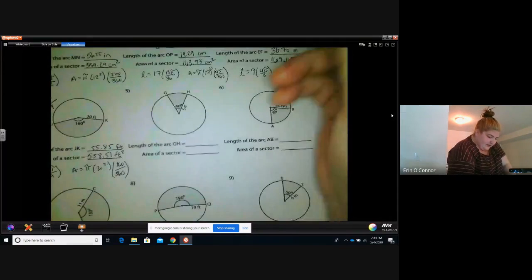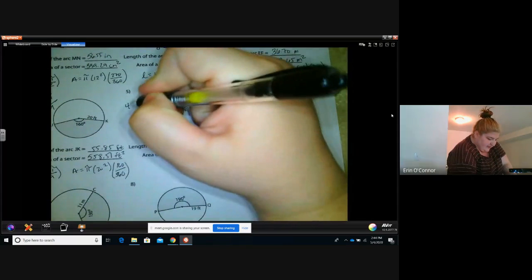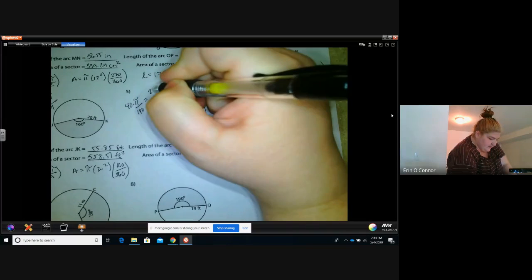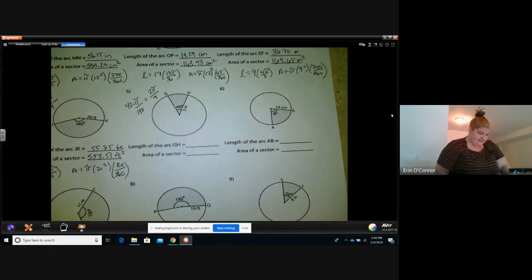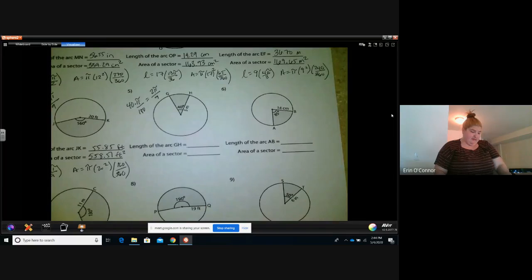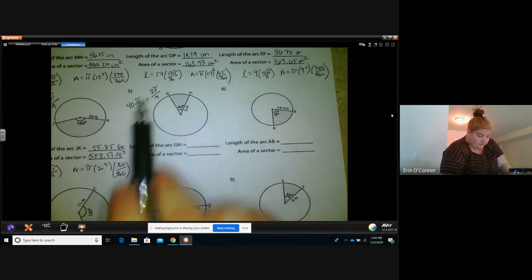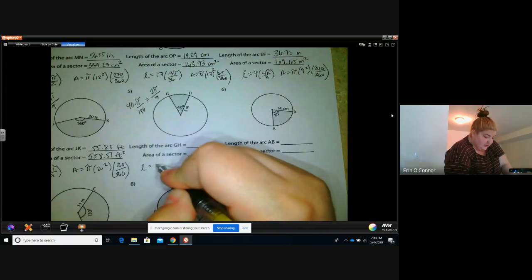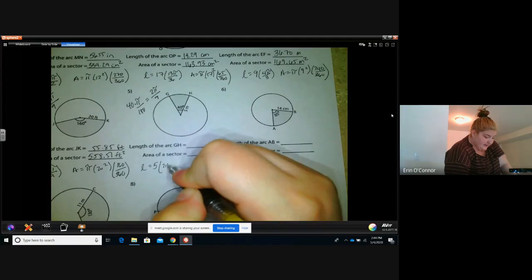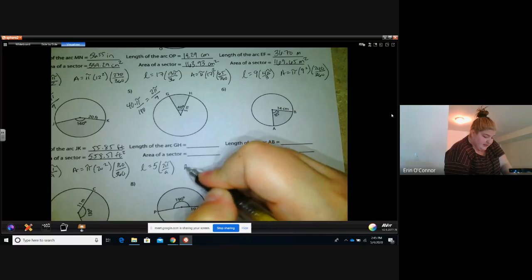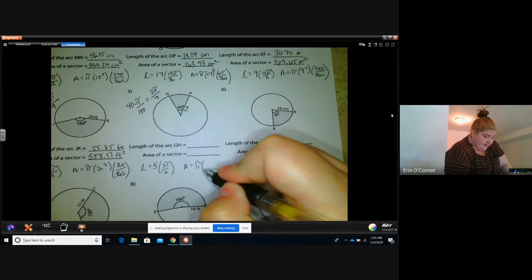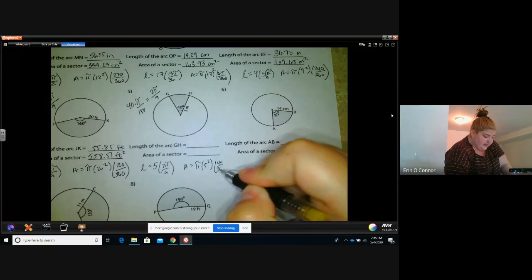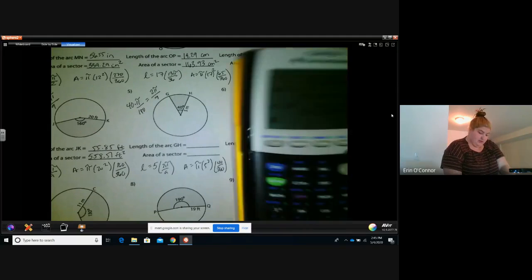And for the last one we're going to do together, this is 40 times pi over 180, which is going to give us 2 pi over 9. Everybody's okay with that? 2 pi over 9. And then we have the length is equal to 5 times 2 pi over 9. And the area is equal to pi 5 squared times 40 over 360. Okay.